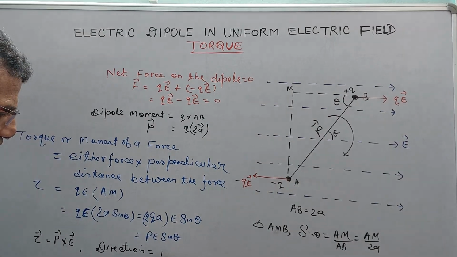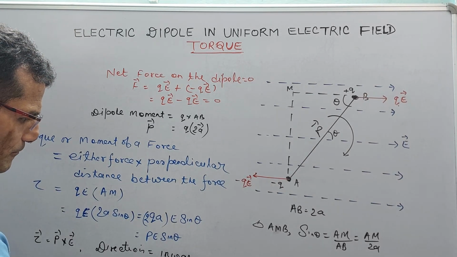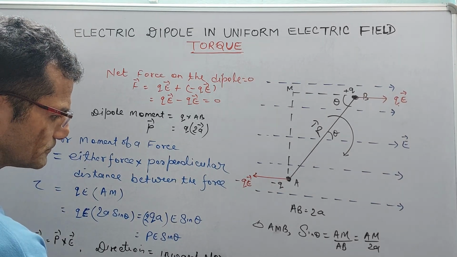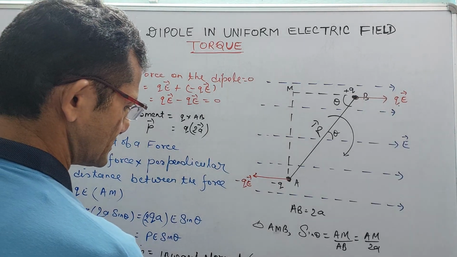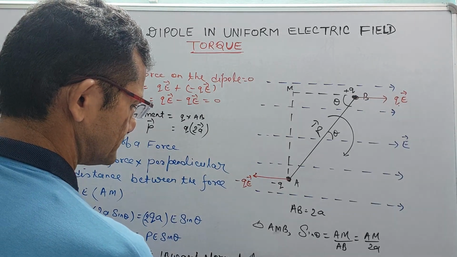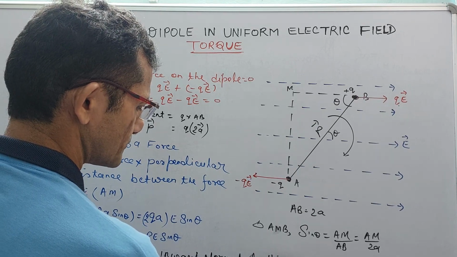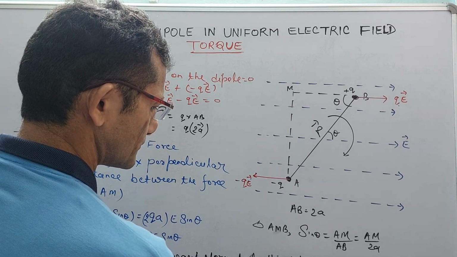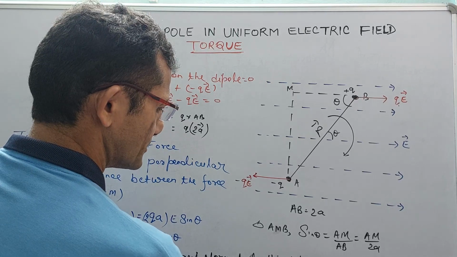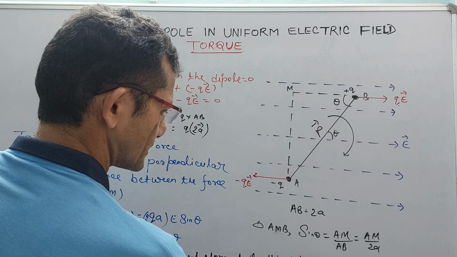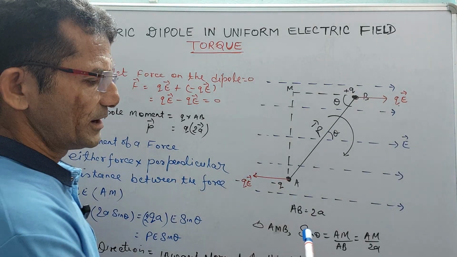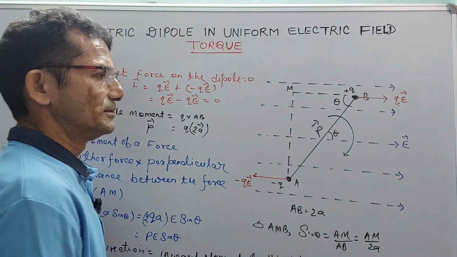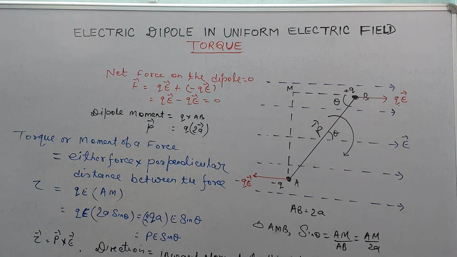Inward normal is generally represented in this plane by a cross. Cross means normal inward, so the direction will be inward normal. Now there are two cases that will appear here.